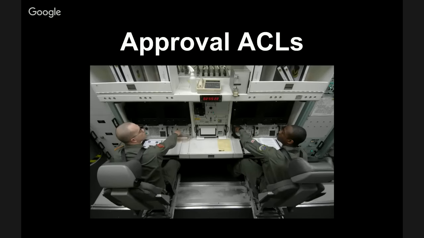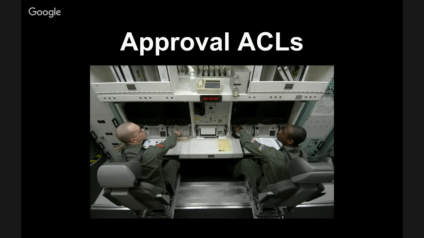So, approval ACLs. The traditional way we do approvals when running GRR is a two-person approver system. It's like the nuclear key thing, where two people need to turn the key.